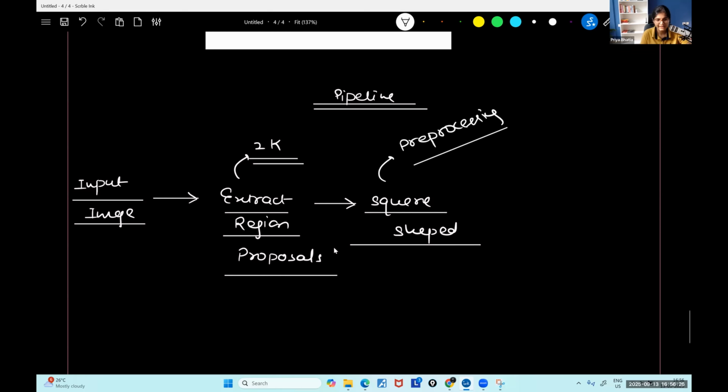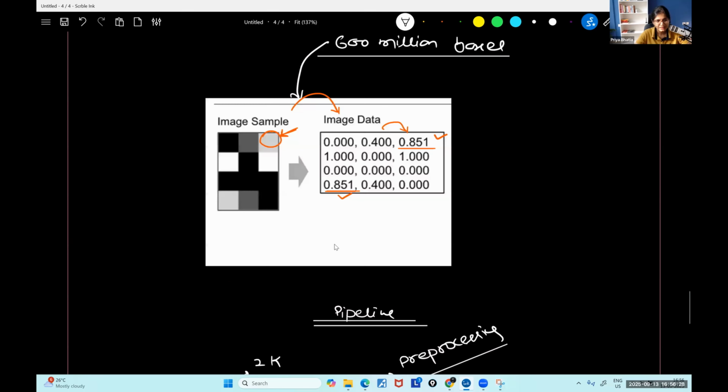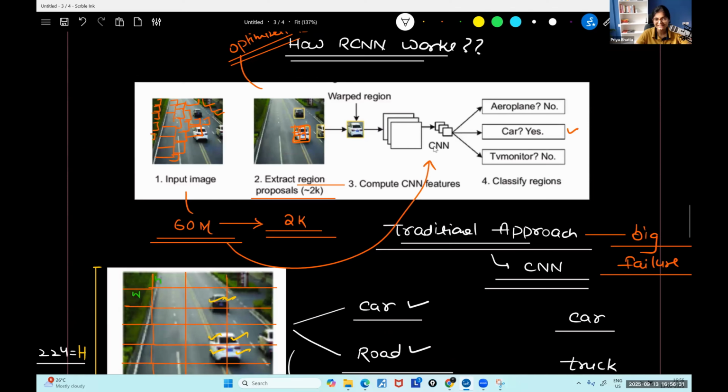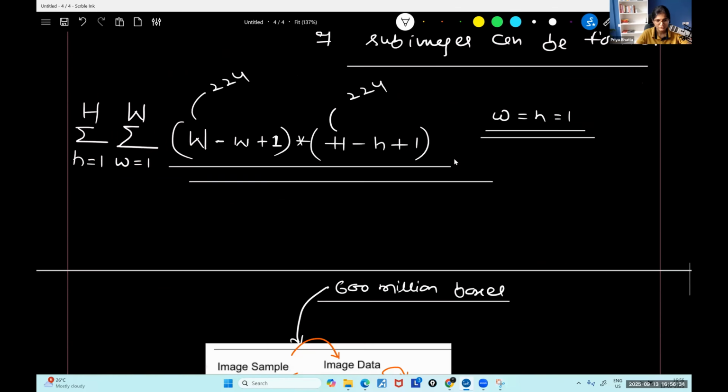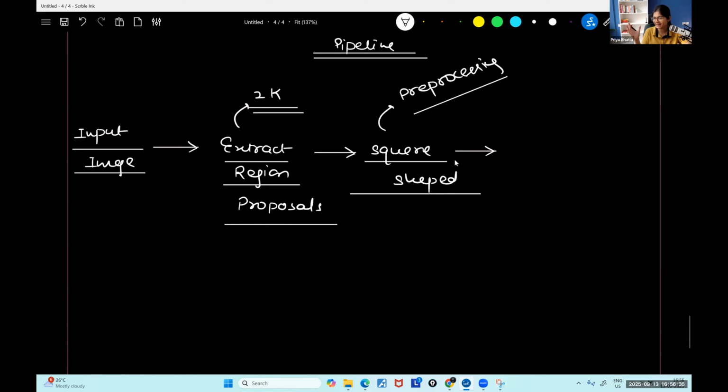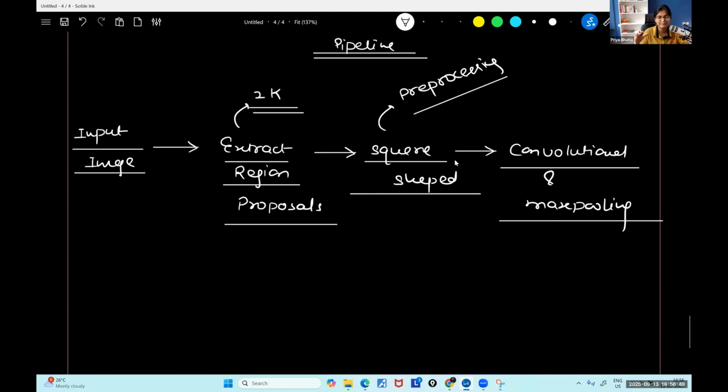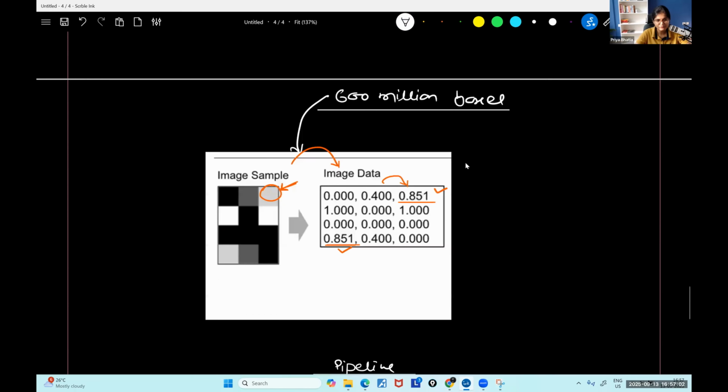Once this is done, the next task is to pass that image inside this CNN base layer, which you can see. Here, whatever we discussed in our previous discussions, the convolutional layer will be there, the max pooling will be there, depending upon what sort of architecture it is using. It might be using AlexNet, it might be using VGGNet, any architecture which is used to give us the features.